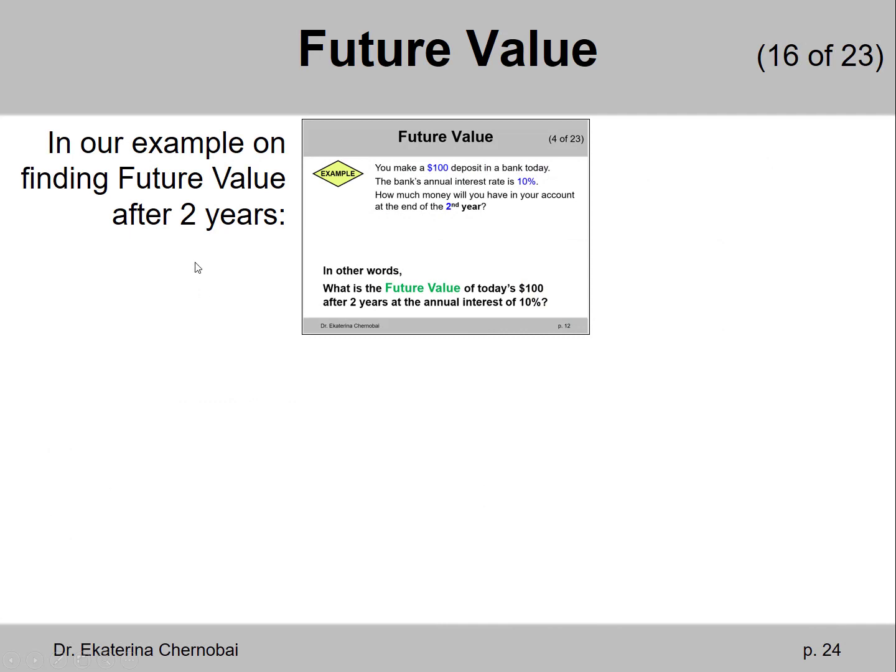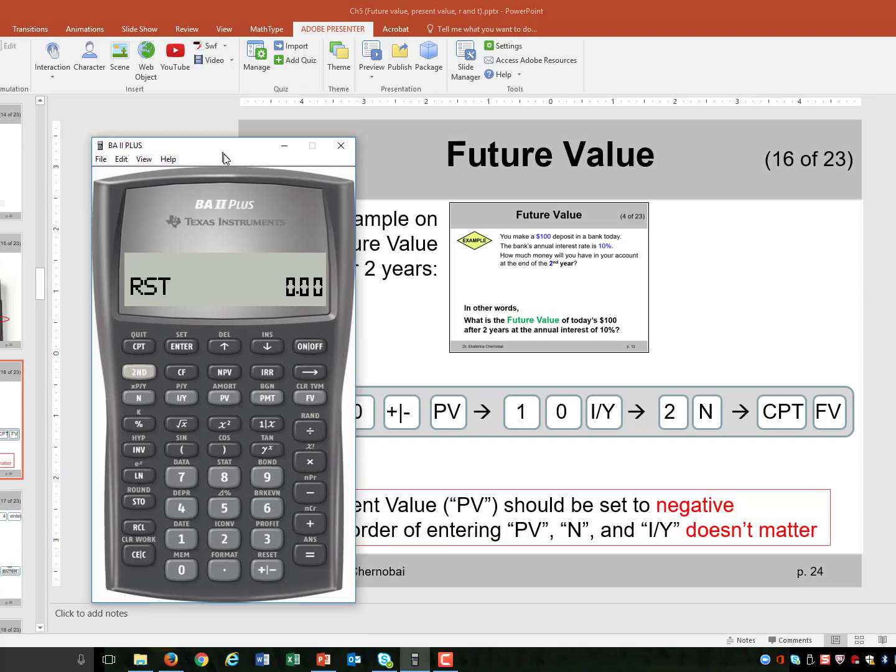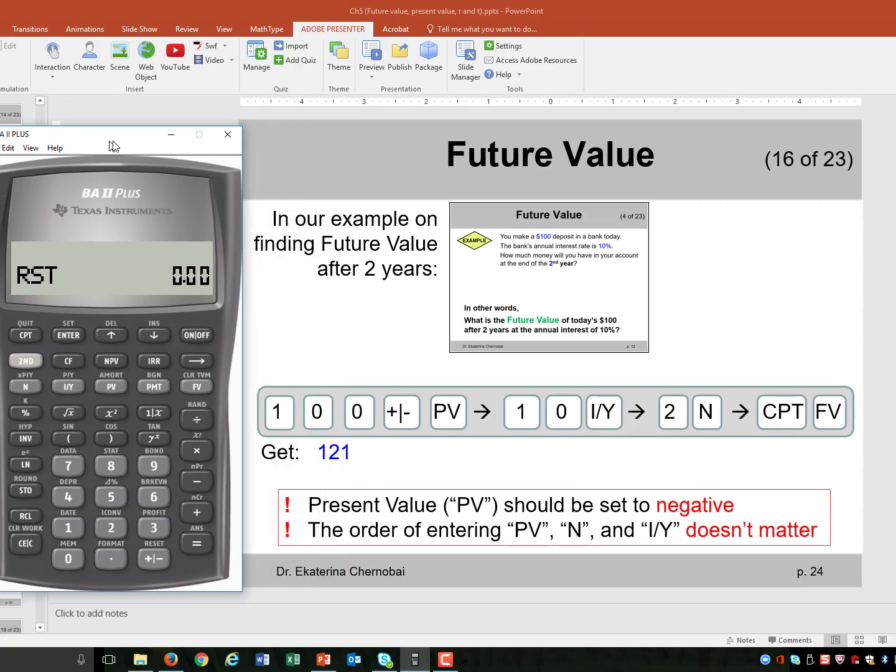Let's go back to our example in which you deposit $100 at 10% annual interest rate for 2 years. How would you calculate the future value? And remember, we got $121, right? Let's see how you would get it in the financial calculator. Let me bring it up right here.